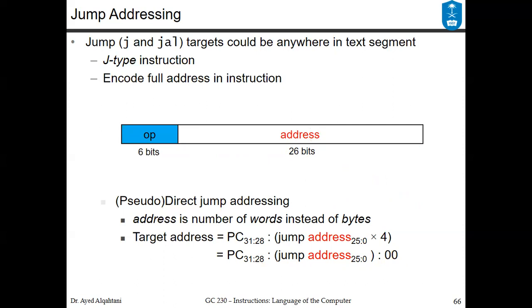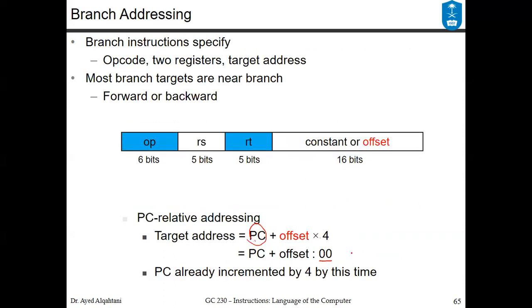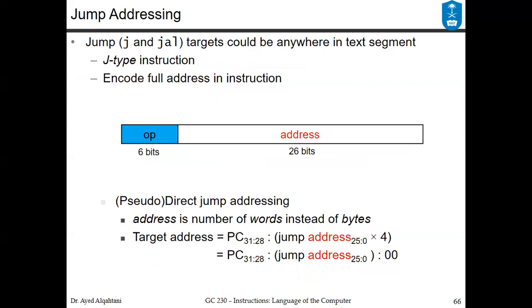So basically, in the branch, it's the PC plus something. In the jump, we concatenate only 4 bits of the PC with this whole address shifted to the left.